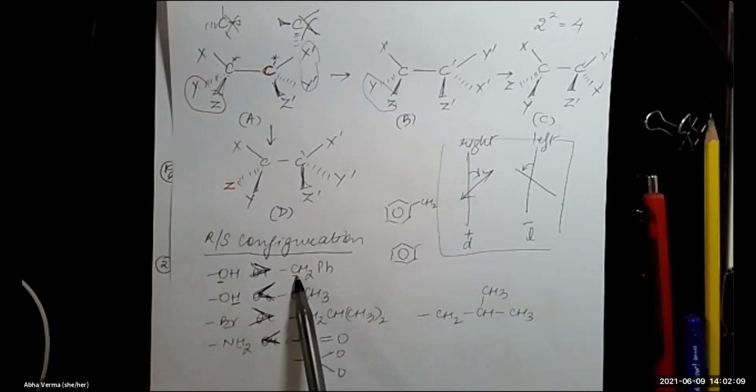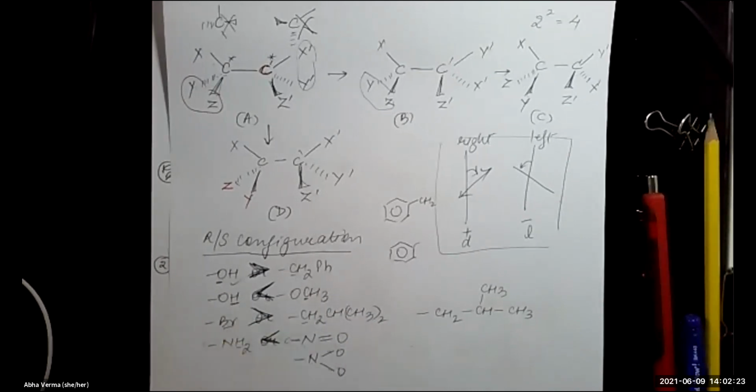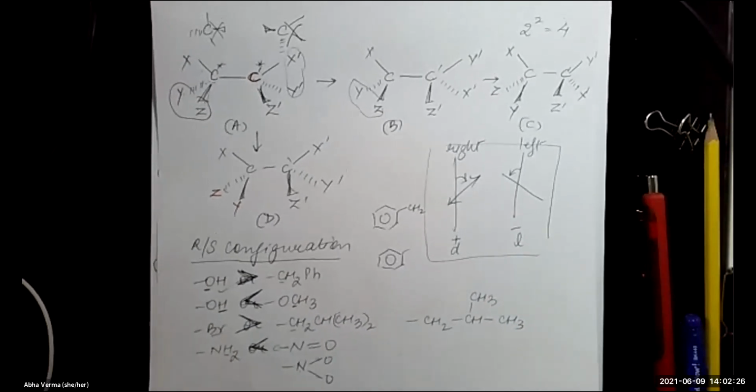Based on the atomic number, you will judge who is going to be the higher priority group. If you cannot judge based on that directly attached atom, you go to the next atom. And there you compare the atomic numbers.